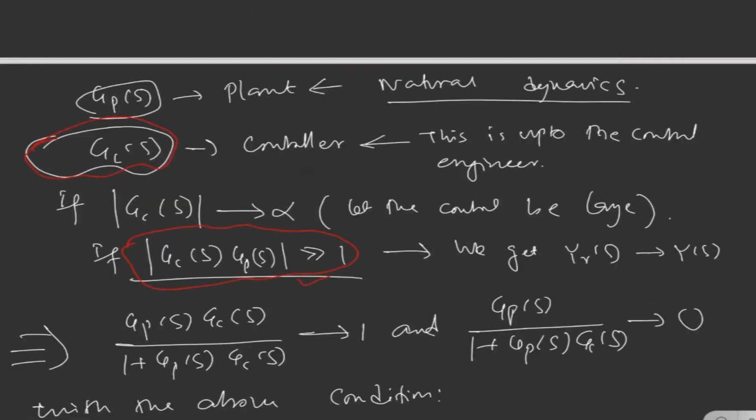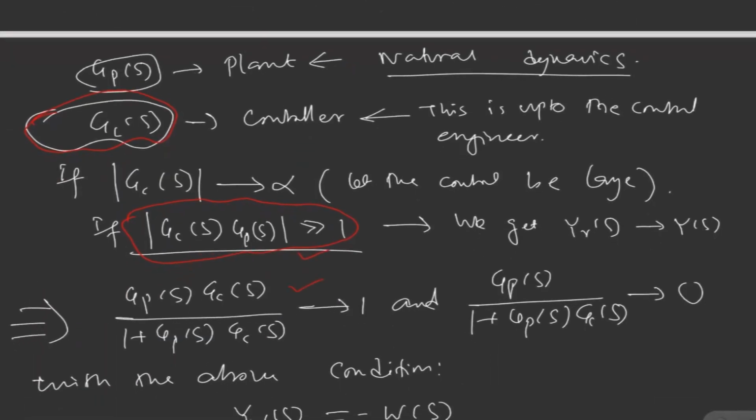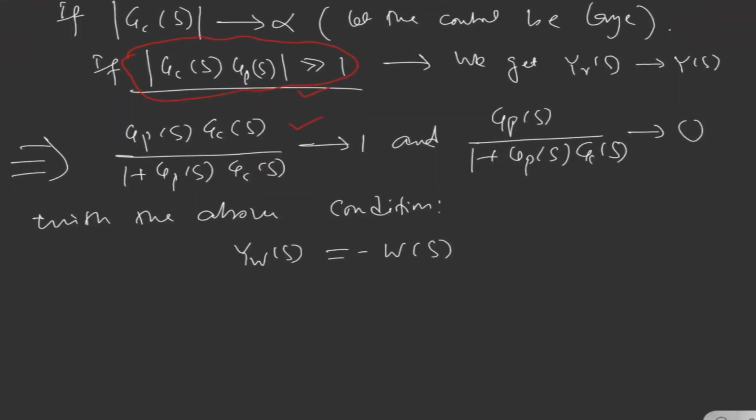So if this arises, we can't get perfect tracking because WS is also in this equation. This is the compromise we face as a control system engineer.